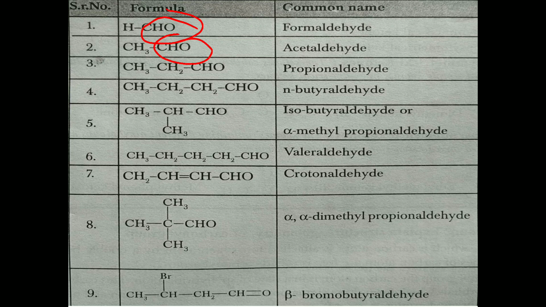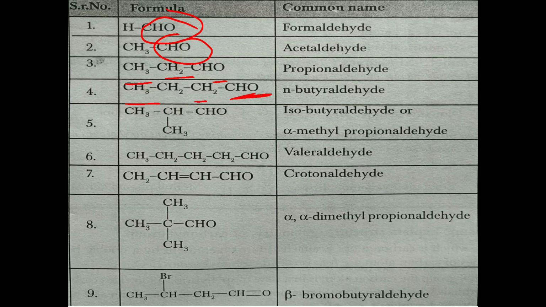The second example contains 2 carbon atoms, so the name is acetaldehyde. The third contains 3 carbon atoms, so the name is propanaldehyde. The fourth example contains 1, 2, 3, 4 carbon atoms with the CHO group, so the name is butyraldehyde.